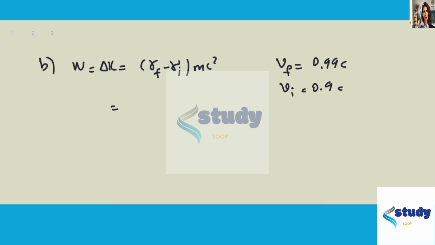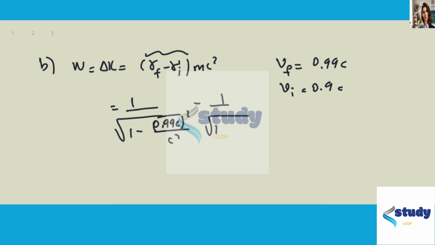These are given in the problem. Then what we need to do is calculate this coefficient here: 1 over the square root of 1 minus (0.99 c) squared over c squared, minus 1 over the square root of 1 minus (0.9 c) squared over c squared, times mc squared. So this coefficient is going to be equal to 4.79 times mc squared.